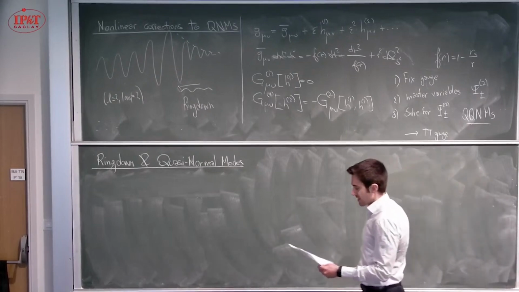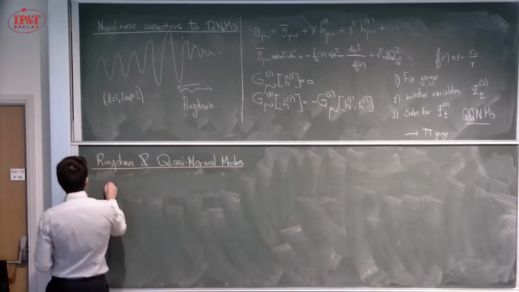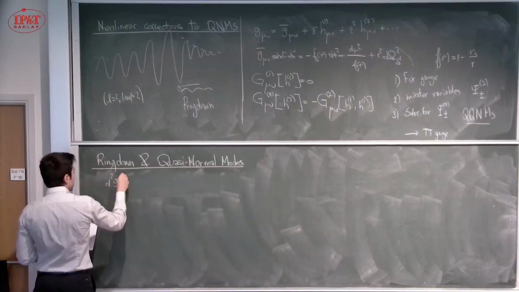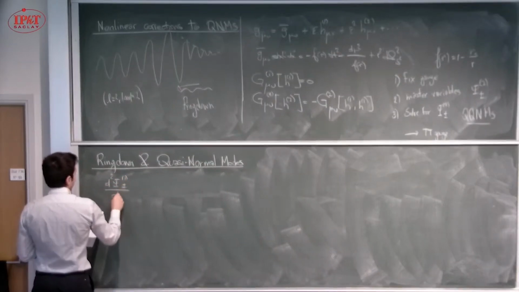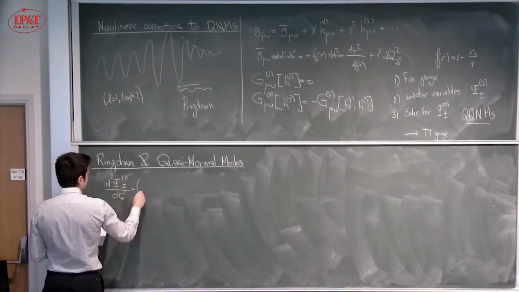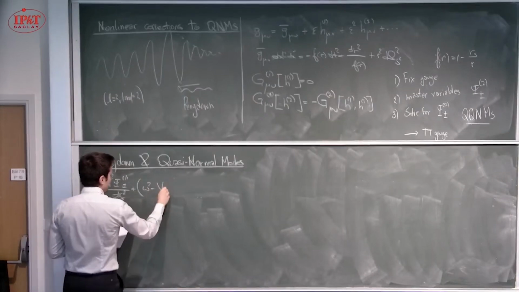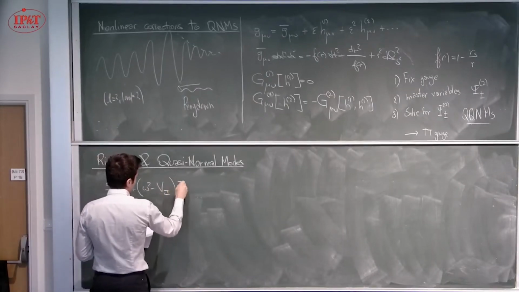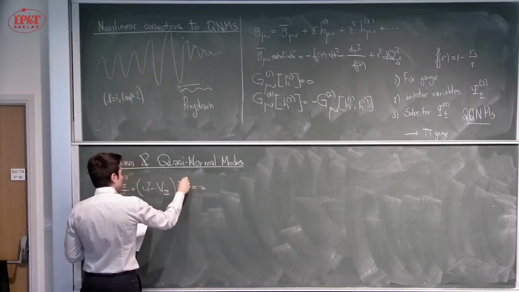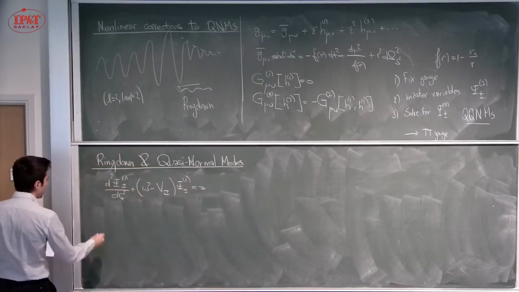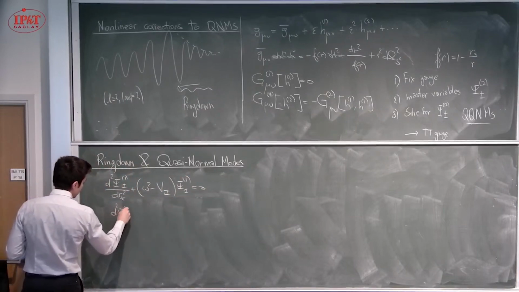So, of course, remember that the equation that we wrote with the Regge-Wheeler variables was something like this, equals 0 for psi 1. Now we are going to have a similar equation.